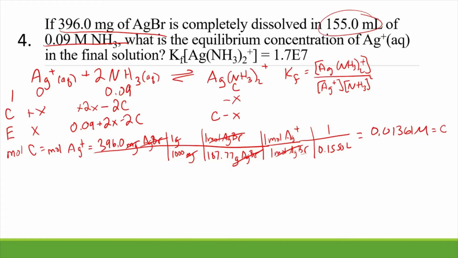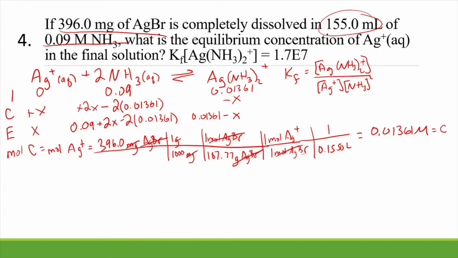So now we can go ahead and substitute in for C, 0.01361. All right, so now we have pretty much everything we need, so we can solve for x.